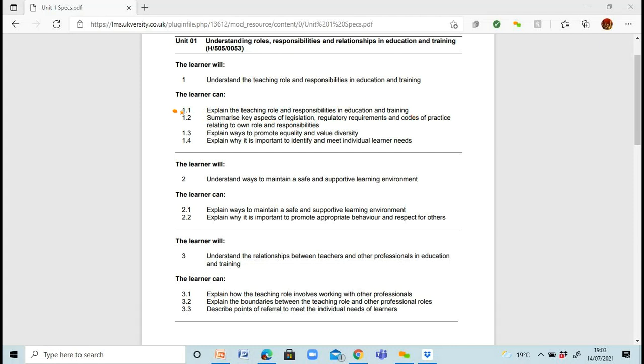So on 1 Word document, you'll start off, put down what unit you're doing, and then start off writing the learning outcome. Copy and paste it in. So this is the learning outcome. Then put 1.1. Right. Copy and paste this first question, then answer it. Then 1.2, then answer it. 1.3, 1.4. Okay. Just in that way. And all of this goes in 1 document.